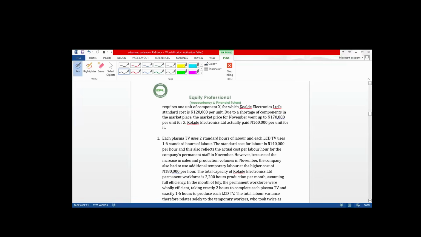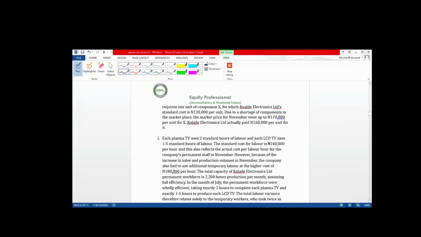Each plasma TV uses 2 standard hours of labor, and each LCD uses 1.5 standard hours of labor. The standard cost for labor is 140,000 naira per hour. This also reflects the actual cost.